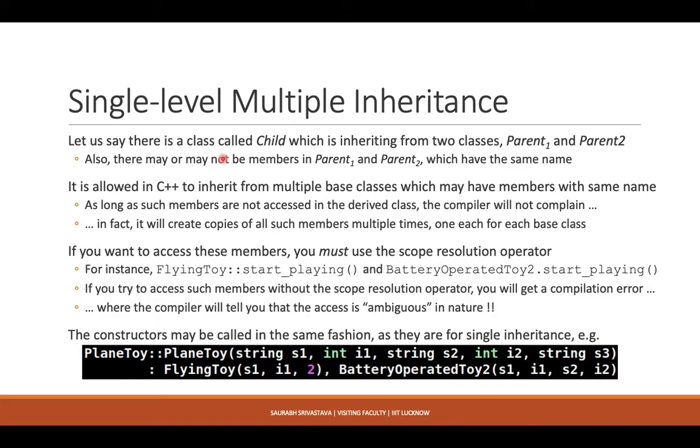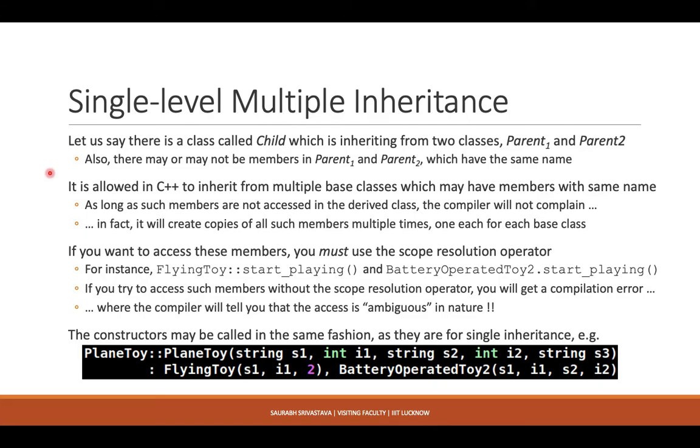If for a moment you forget that both of these are deriving from toy, just by seeing that line you might say this is a single level multiple inheritance where there are two classes, and then there is a child class which is deriving from them. So just to use some terminology, assume that you have a class called child. Here the child is of course plain toy, and it is inheriting from two parent classes. We'll call them parent 1 and parent 2.